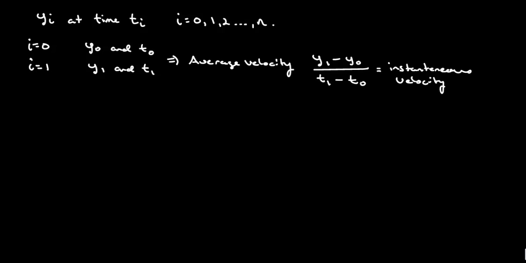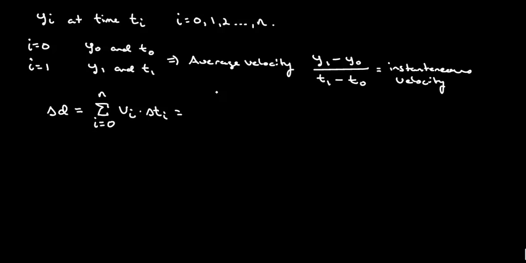So now we're supposed to use a telescoping sum to confirm that the distance traveled equals the difference between the final and the initial position. So what do we know? Well, we know that the total distance is equal to the sum, where i is going to go from 0 to n, of the velocity times the change in time.